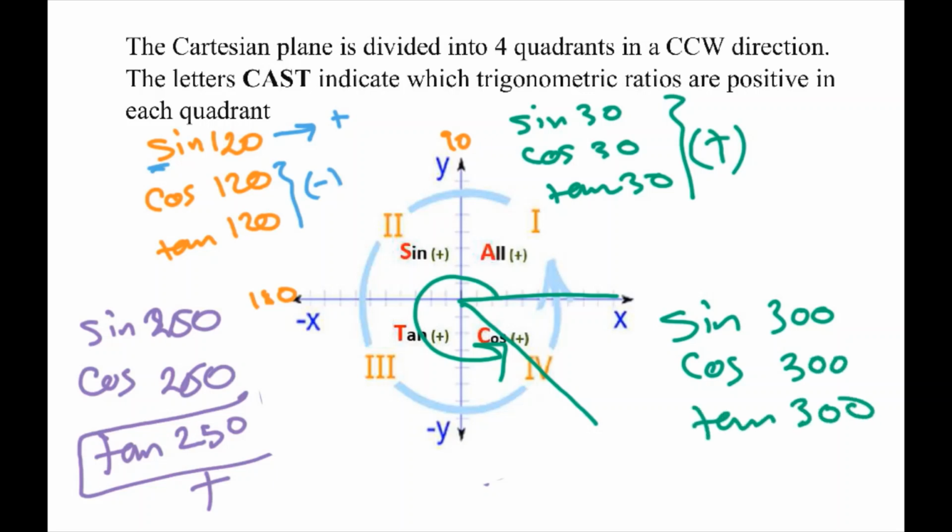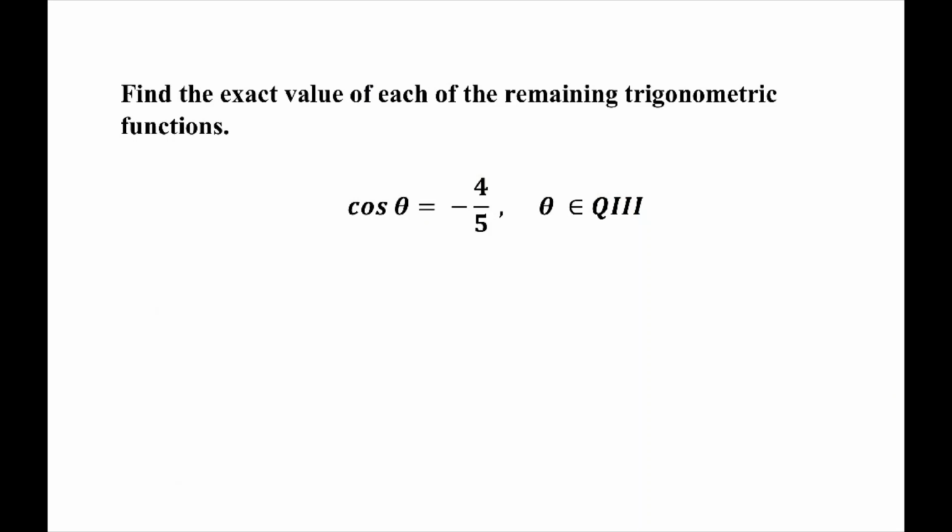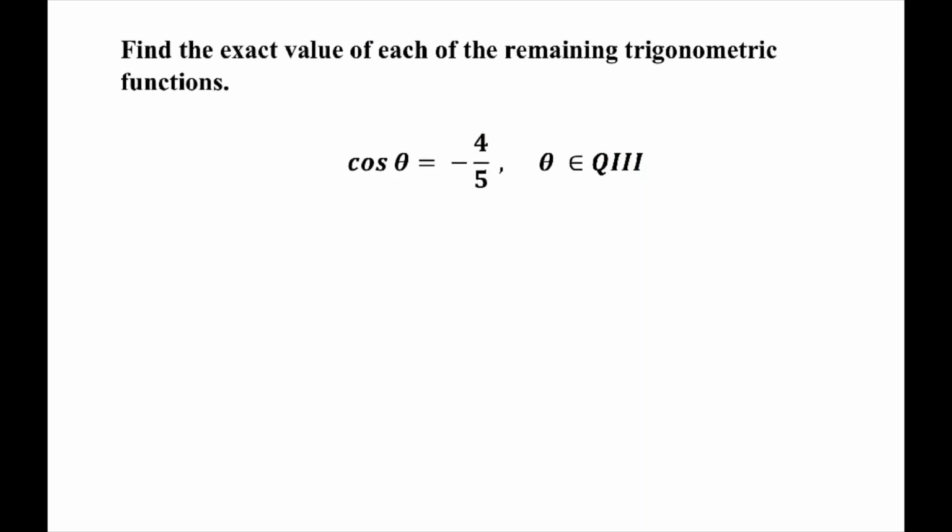We will notice that cosine is positive. That's why it's C. So CAST rule or ASTC rule. That's a very important rule when it comes to trigonometry. So now in this question, they want us to find the exact value of each of the remaining trigonometric functions without using the calculator.